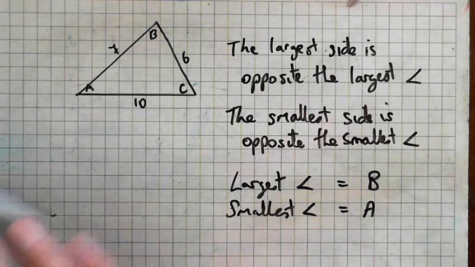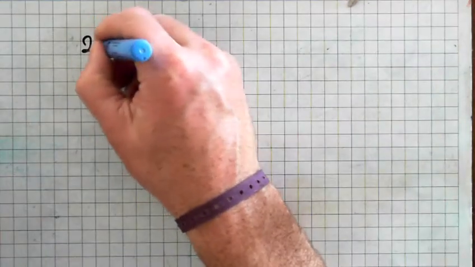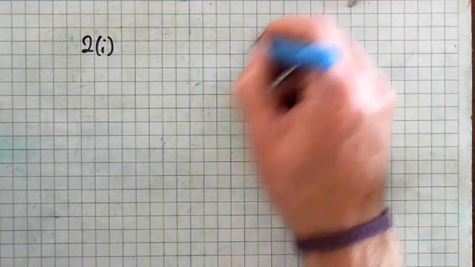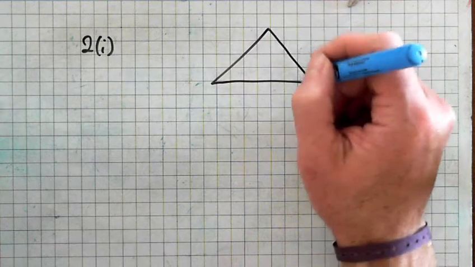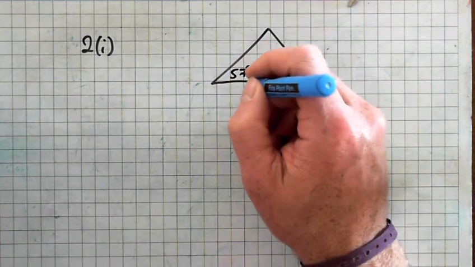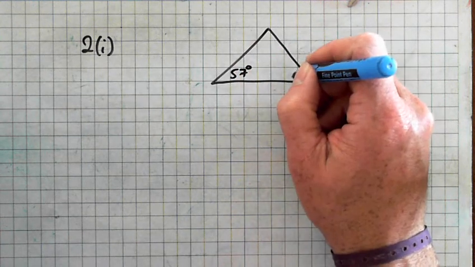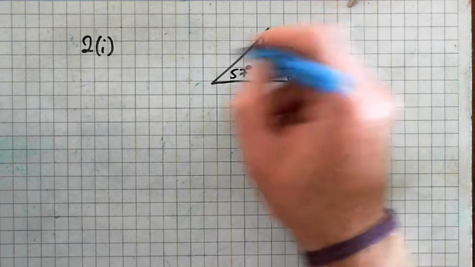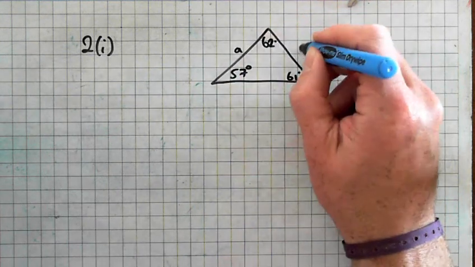For example, we'll do question 2 part 1. Same idea. There's a triangle with 3 angles, and they're asking you which is the longest side and which is the shortest side. 57 degrees, 61 degrees, 62 degrees. And then we have sides.